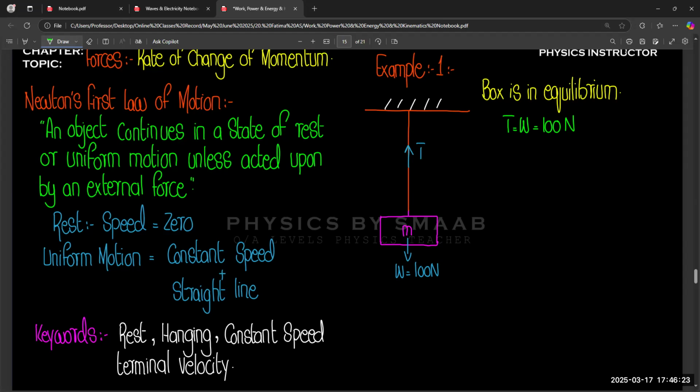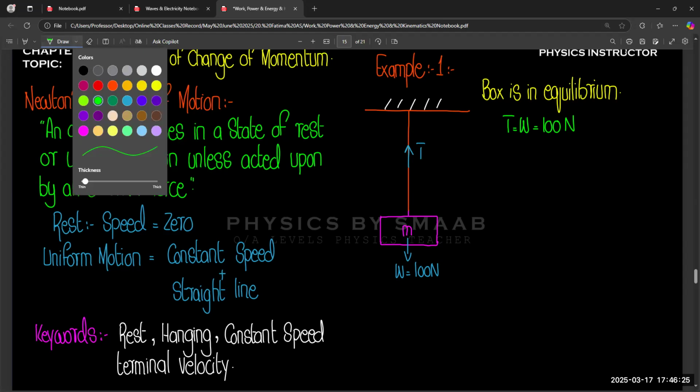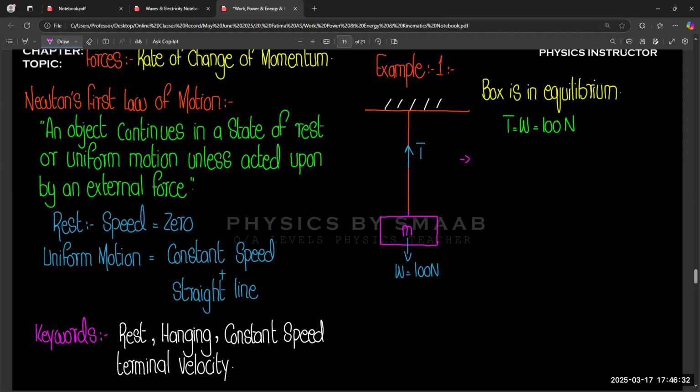And we use this similar idea in another example. For suppose if we consider a man in a lift moving upward at constant speed.